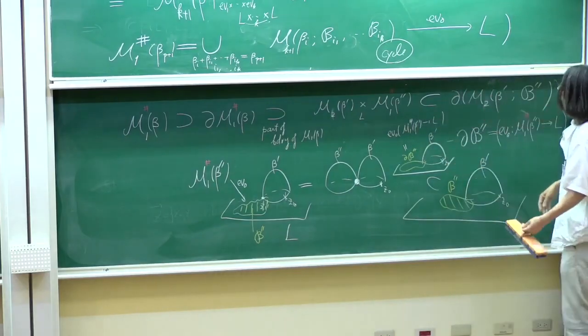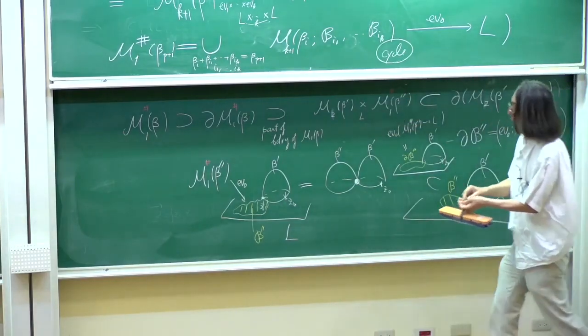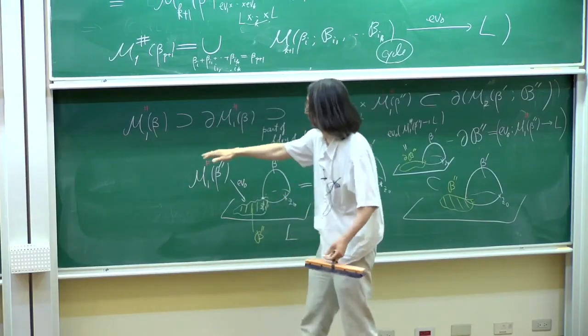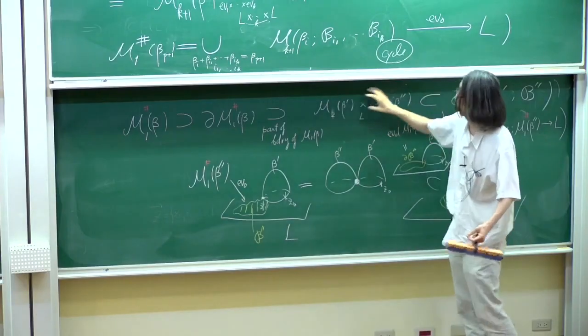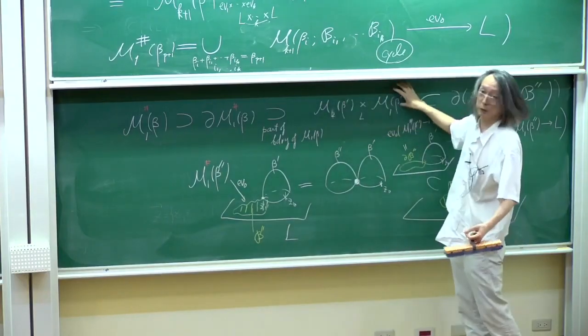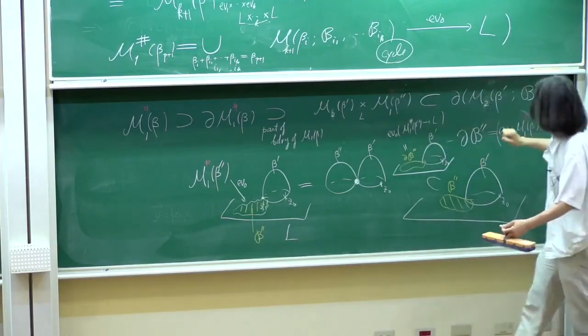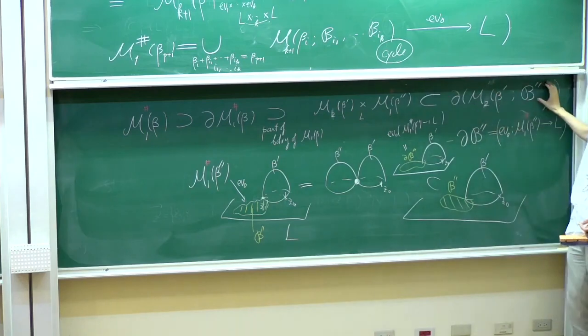So therefore, you can find the same thing. I mean, at the beginning, if you look at the boundary of this, you may have a bubbling phenomenon. So therefore, you may have this sort of fiber product of two moduli spaces. But if this one is a boundary of something, then you can regard this as also a boundary of some other moduli space.